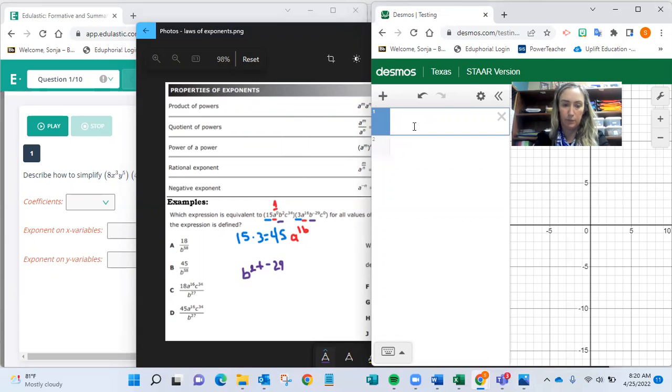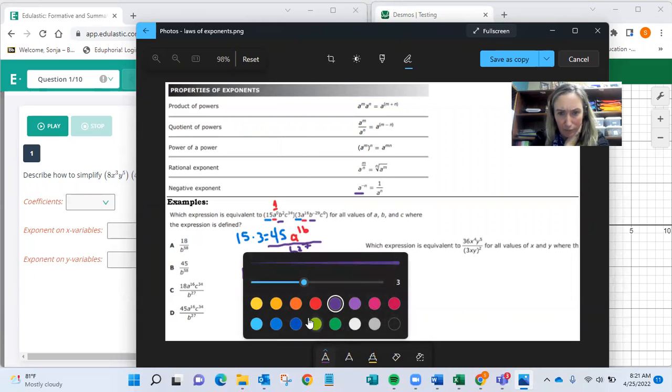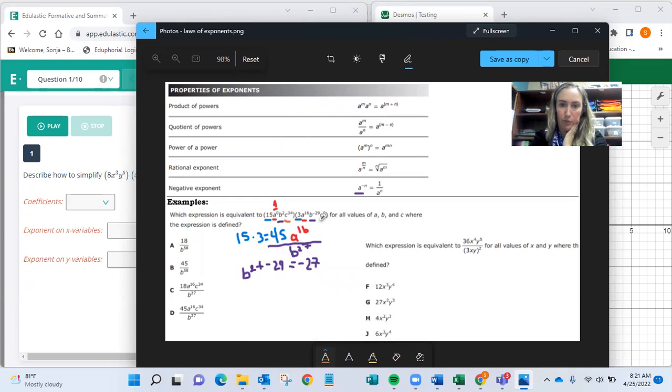So I can just take those exponents, 2 plus negative 29, and I get negative 27. And because it's a negative exponent, it's going to go into the denominator. So it's going to go down below, just like right here. So B27. And then my last one is just that C to the 34, but then times C to the 0. So 34 plus 0 is still 34.